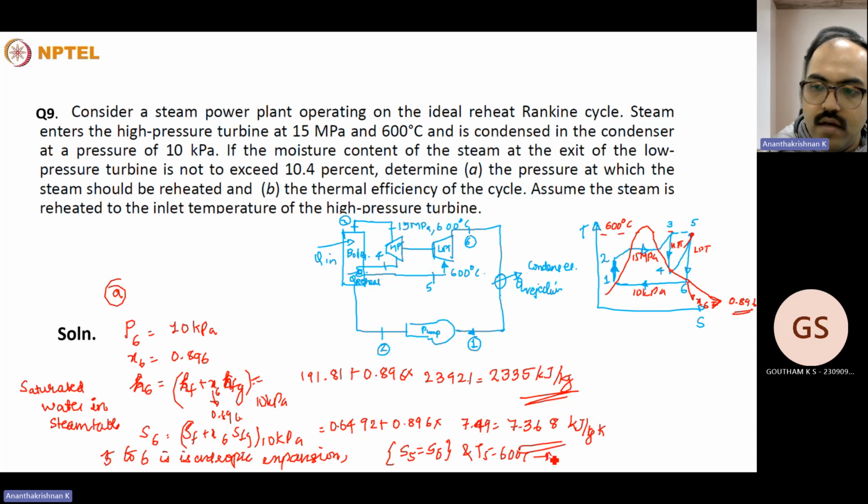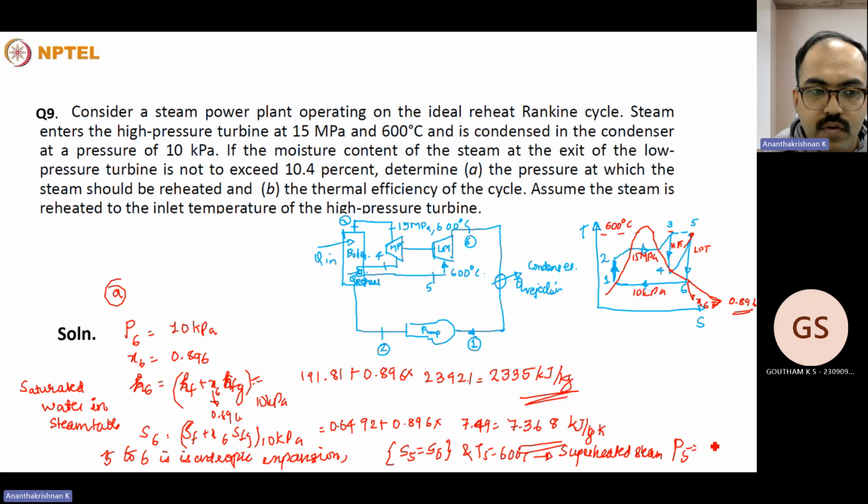So we look into the steam table for superheated steam, P5 corresponding to 600 degrees Celsius and an entropy of S5 that will be equal to 7.368. We'll get the pressure.